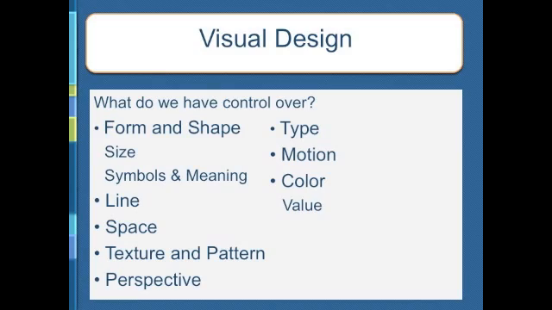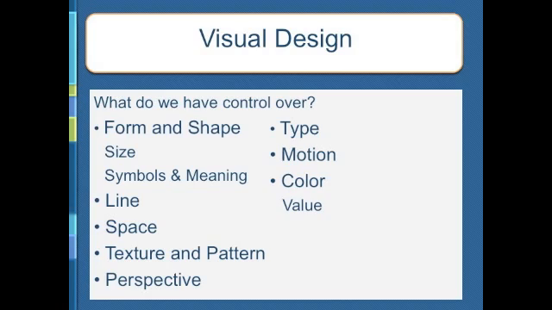Within visual design, there's a number of elements that we have control over that we can use to affect the meaning that we're trying to convey. These include form and shape, particularly from the standpoint of adjusting the size, adjusting the symbolism. We can also affect line, which we'll talk about, space, texture, and pattern, as well as perspective.